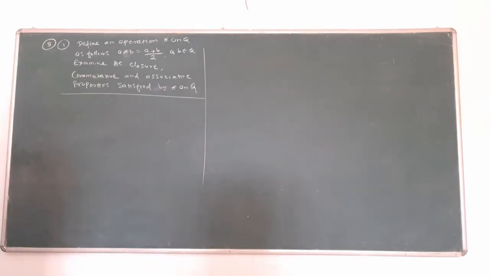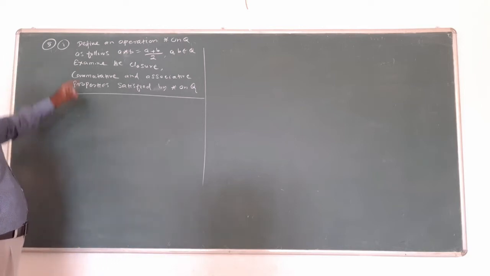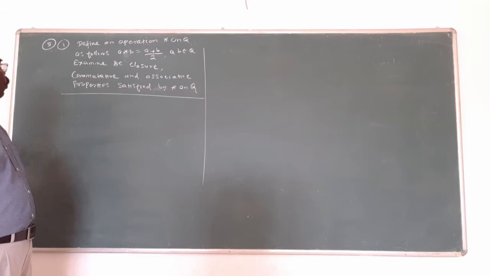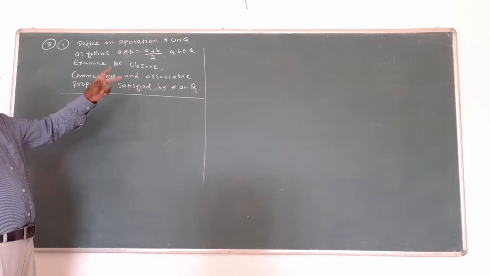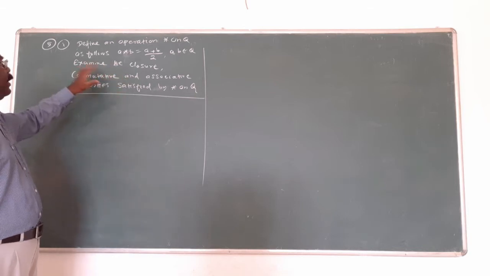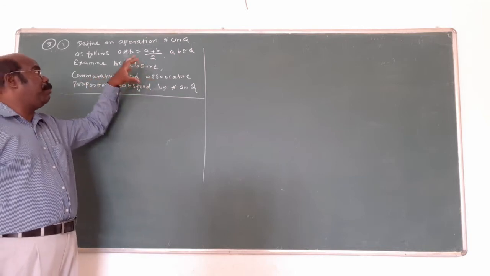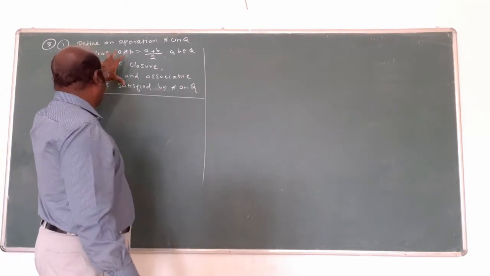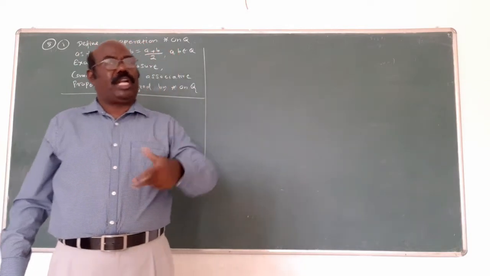Now listen here. Question number 5, the first subdivision. Define an operation star on Q as follows: A star B equals A plus B by 2, where A comma B belongs to Q. Examine closure, commutative, and associative, the 3 properties are asked. In the second subdivision, identity and inverse are asked.